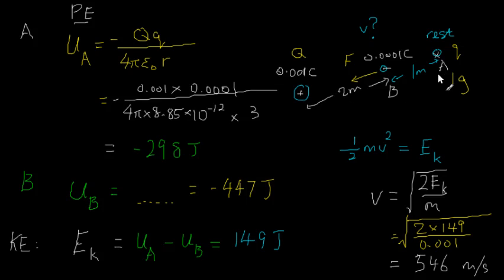When we have like charges, they will repel, and there would be some change that we need to make, like the minus sign here must become positive. But we can still use this same idea of finding kinetic energy from changes in potential energy.